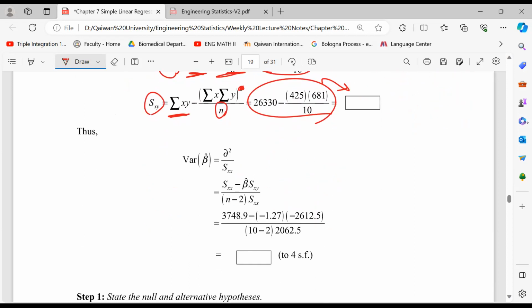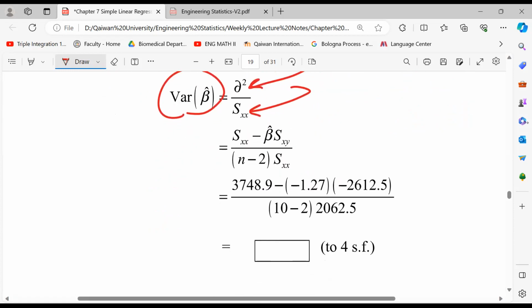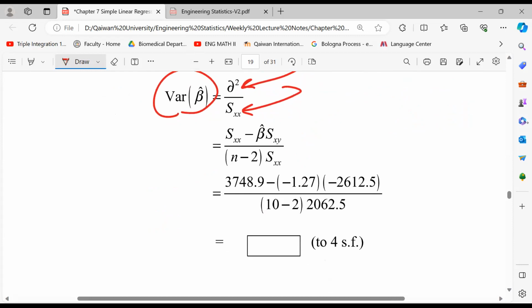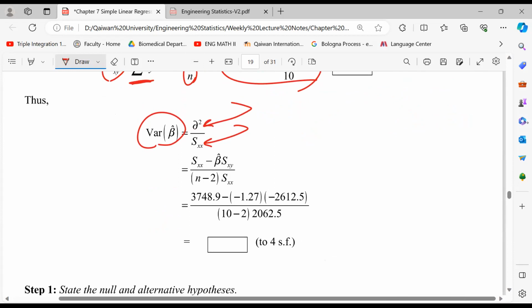Then what's the variance? Variance is sigma squared divided by S sub xx. We already found S sub xx. And also sigma squared, we studied this before.